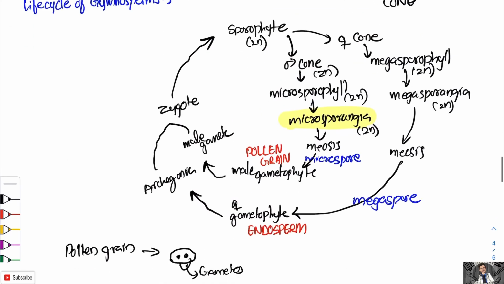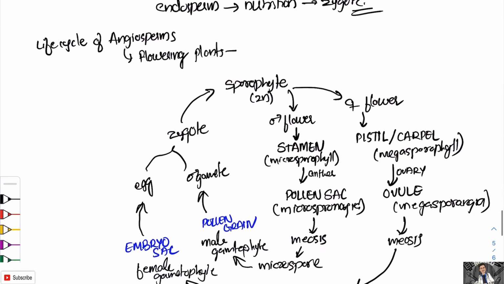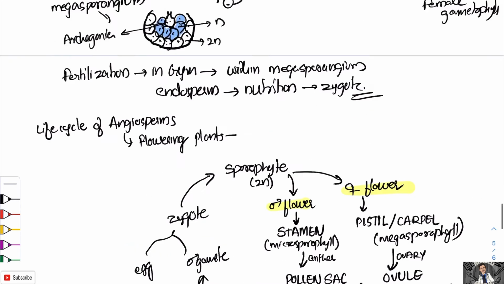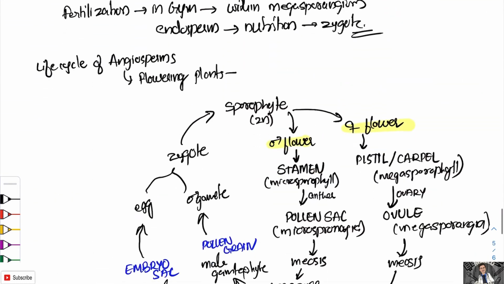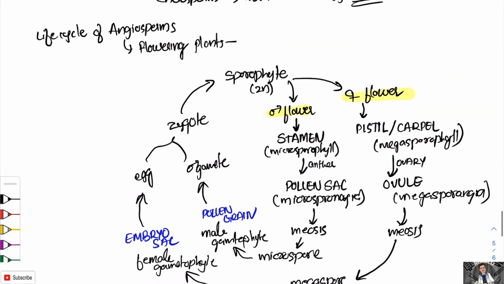Now let's look at the difference between the life cycle of angiosperms and that of gymnosperms. The first difference is, here we have the male cone and female cone, but in the case of angiosperms, we have the male flower and female flower. Basically, here we just say microsporophyll, microsporangia, megasporophyll, megasporangia. But coming to angiosperms, we have specific names like stamen, pistil, pollen sac, ovule, and you have to learn all of them.